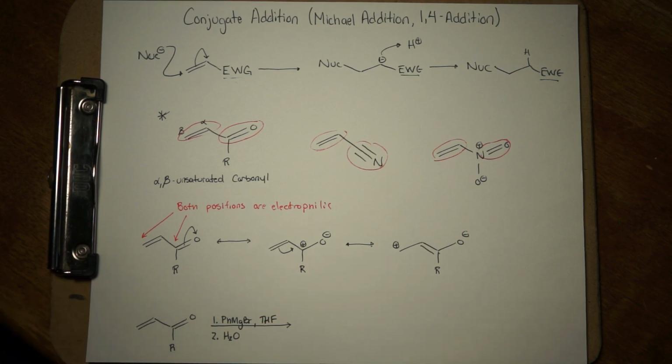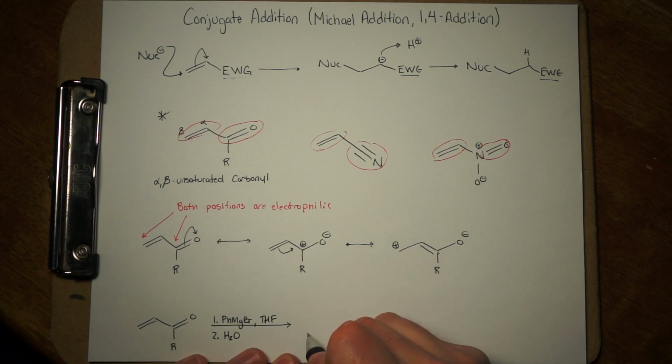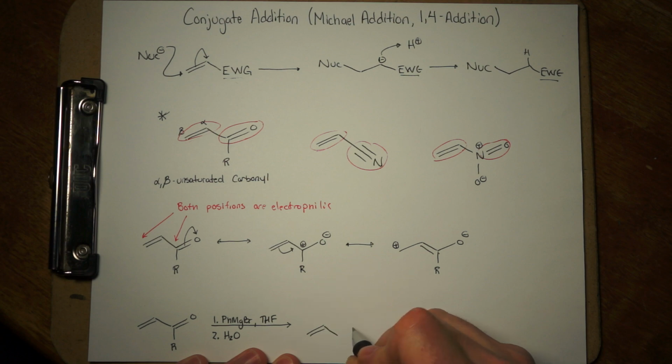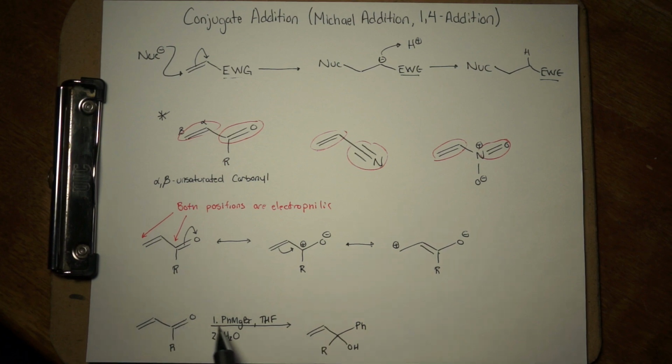Well, we're going to see a couple of different products. We would expect to see a product where the Grignard adds to the carbonyl carbon to create an alcohol. But we would also expect a product where the Grignard reagent adds to the beta carbon.